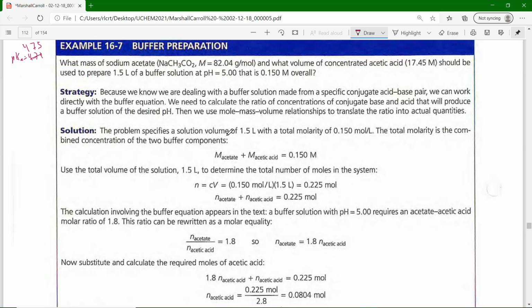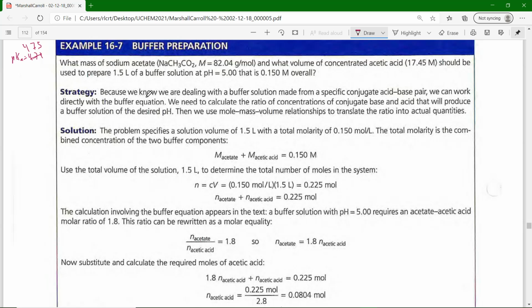The acetate is going to be some concentration. The acetic acid is going to be some concentration. Those are the two parts. Together, the total molarity is 0.15. Okay, how many moles do we have in the system?